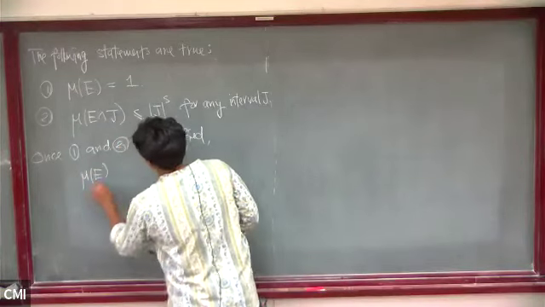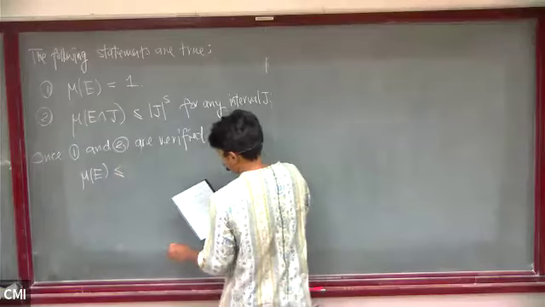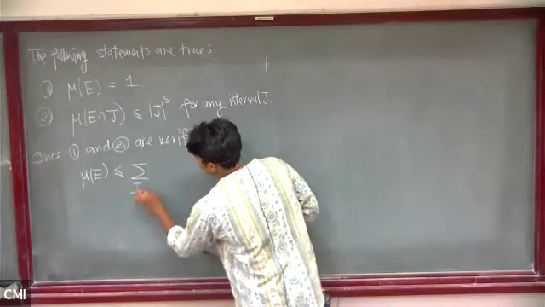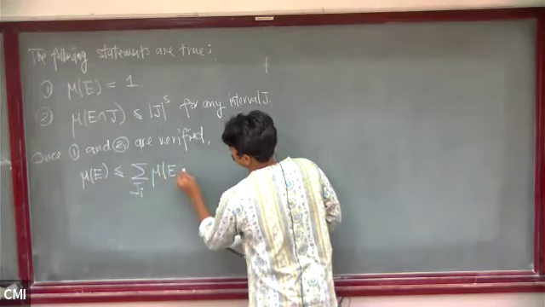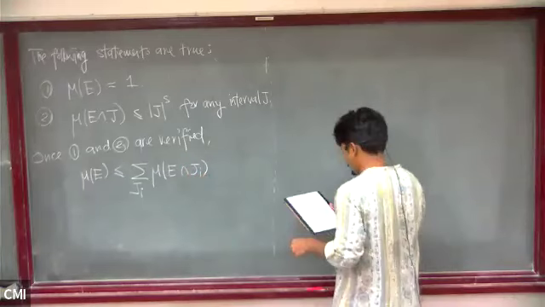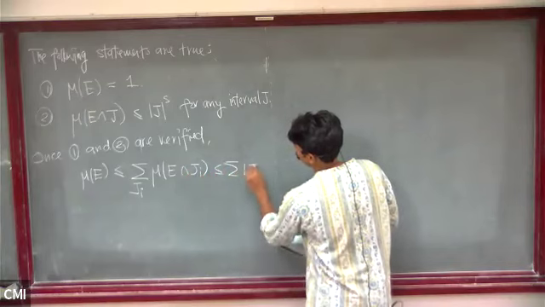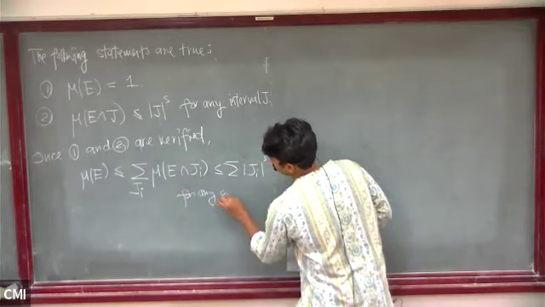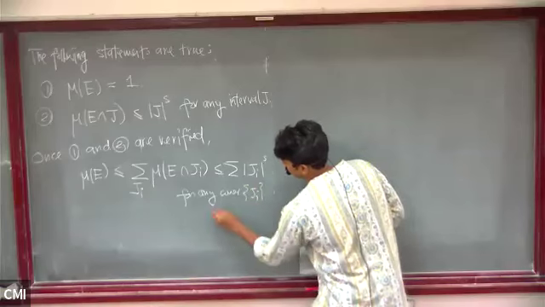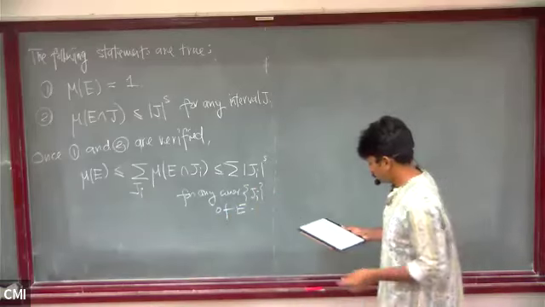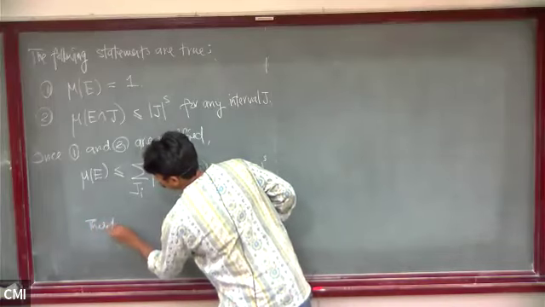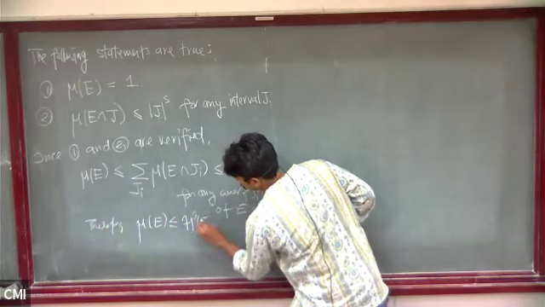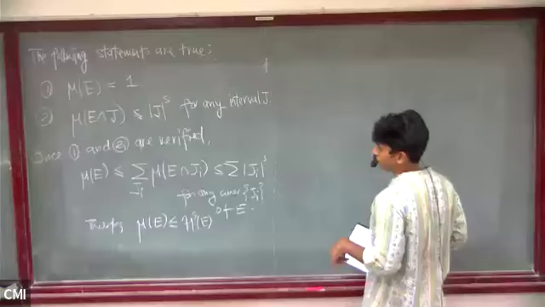Mu of E is bounded above by the sum of, say, some J_i's, where this collection J_i is a cover for E, and this is bounded above by the sum of |J_i|^s for any cover of E. And then, from the definition of the S-dimensional Hausdorff measure, I have this inequality to be true.